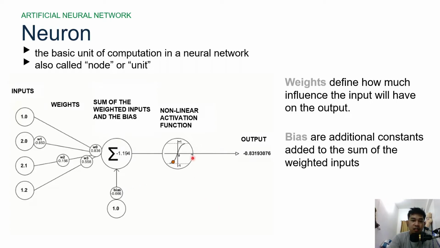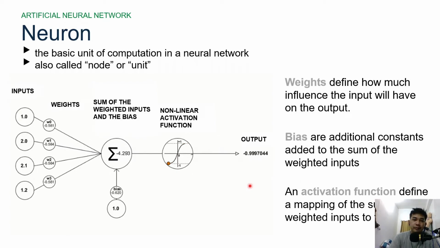But then, the main objective here is to identify first the weights and bias that can be applied to the features or values we have in order for us to predict something or to have an output. And here we have the activation function, which is defined as a mapping of the sum of the weighted inputs to the outputs.